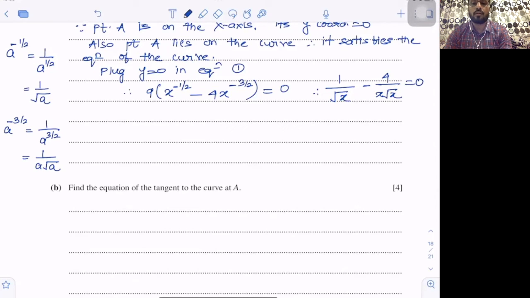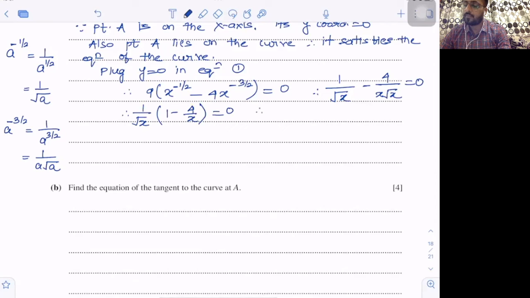I can take out 1 upon root x common, right? Let's take out 1 upon root x common. If I take out 1 upon root x common, I'm left with 1 minus 4 upon x equal to 0.